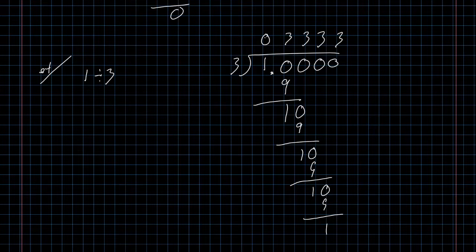We're not getting anywhere. This is what's known as a repeating decimal. And to indicate that it's a repeating decimal, we'll just take that 3 and we'll put a bar over it.